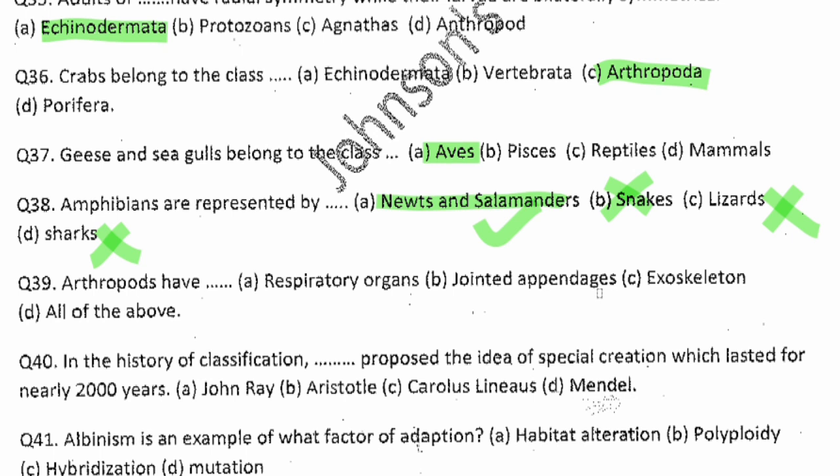Maybe you don't know. But exoskeleton, you've heard that cockroach and some other insects have exoskeleton. If you already know these two, then obviously this one should be there, because there's no option that says A and C. So the answer is actually all of the above. Arthropods have jointed appendages, respiratory organs, and exoskeleton.